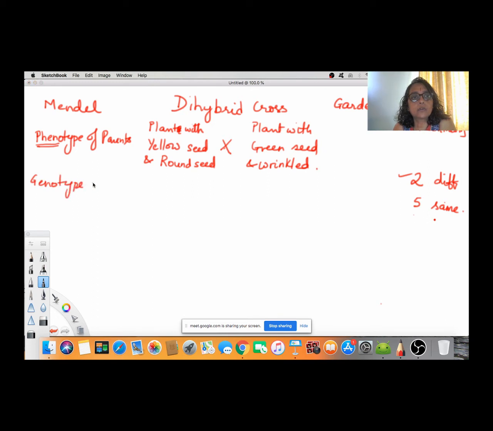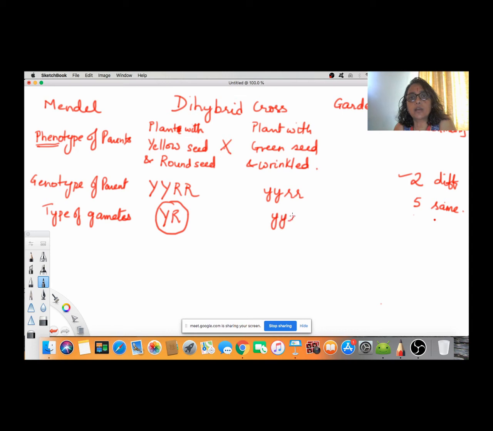Genotype of parent. Yellow would be capital Y and round would be capital R. Small y, small r. Type of gametes: capital Y, capital R, only one type of gamete.